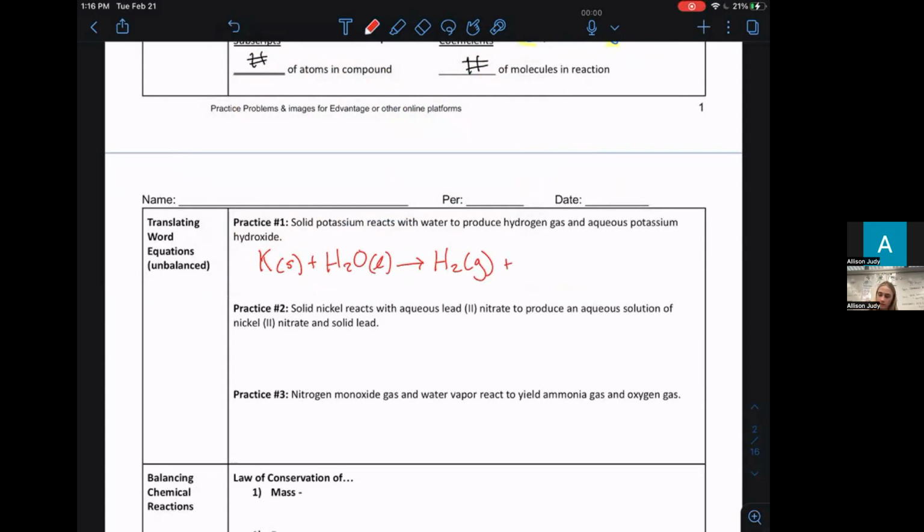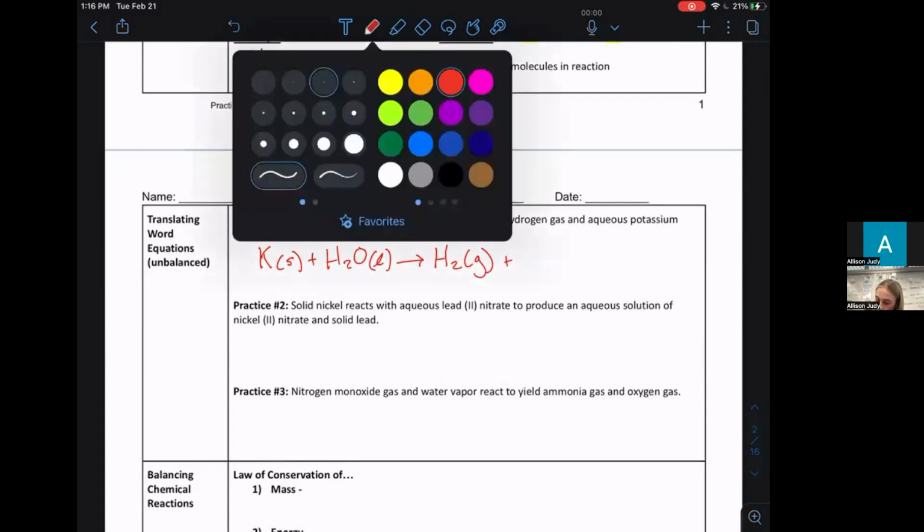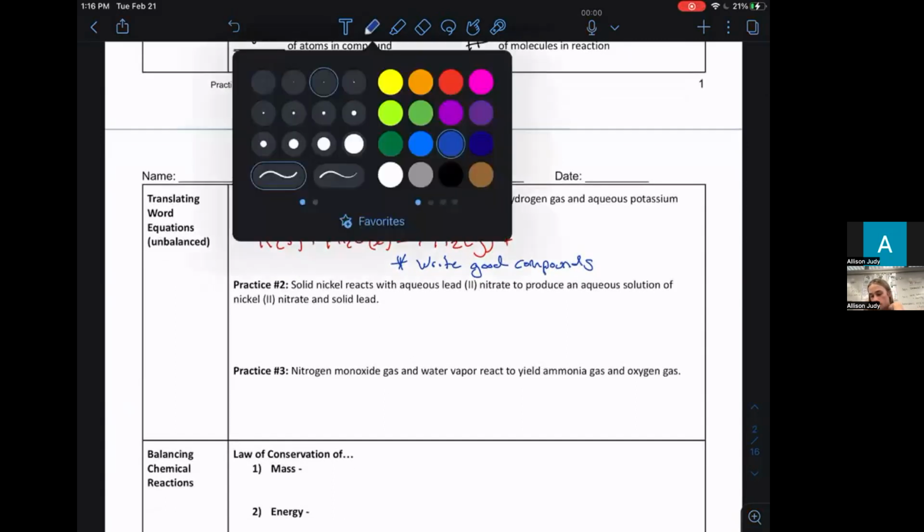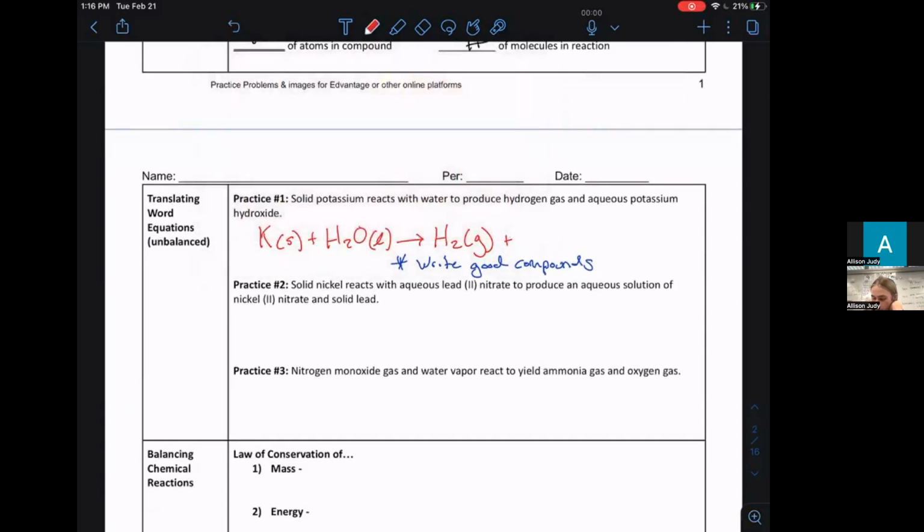When you write something like this, you have to be sure to write good compounds. When it says aqueous potassium hydroxide, you have to translate that correctly into chemical symbols because otherwise you are going to get the problem wrong.